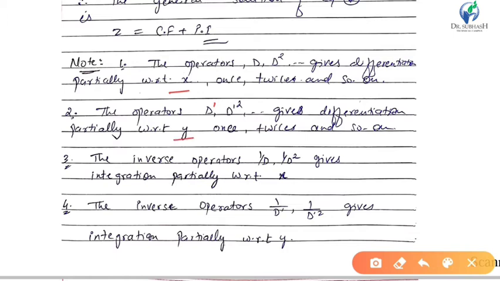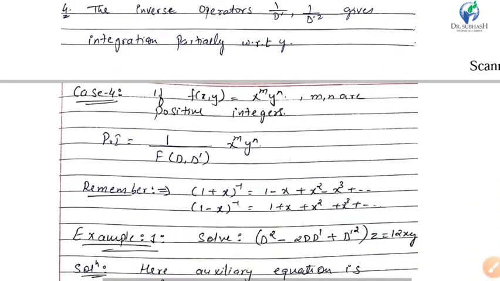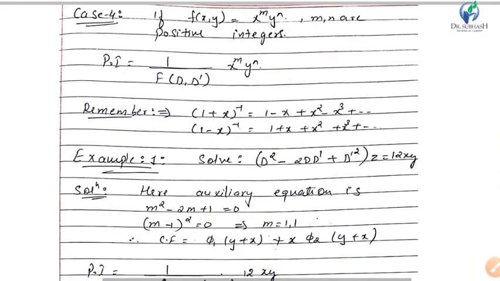The inverse operator 1 upon D square gives the integration partially with respect to x, and the inverse operator 1 upon D dash square gives the integration partially with respect to y. These are the basic notations which we have already seen in my previous lectures.